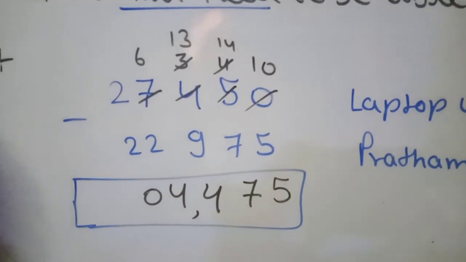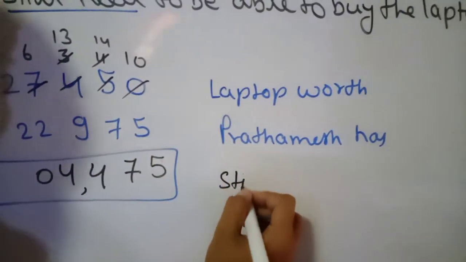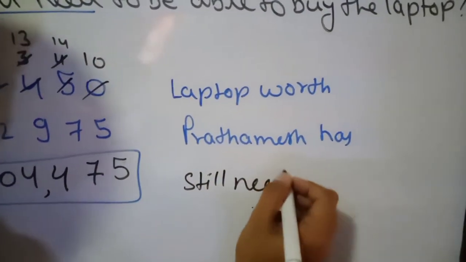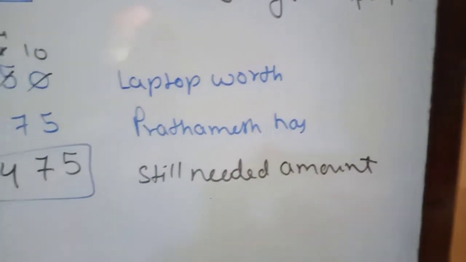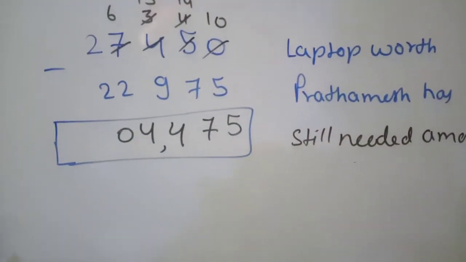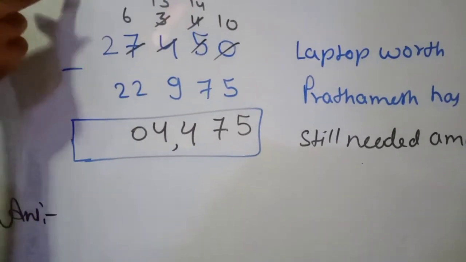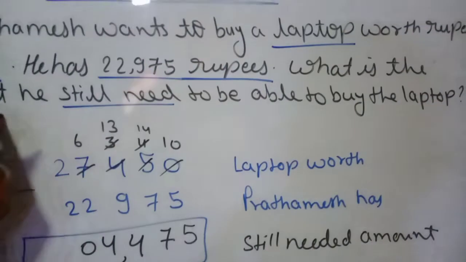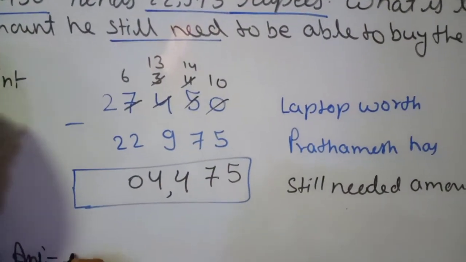Means we can say, 4,475 rupees he still needed. So at the last we have to write the answer. What are they asking? What is the amount he still needs to buy a laptop?